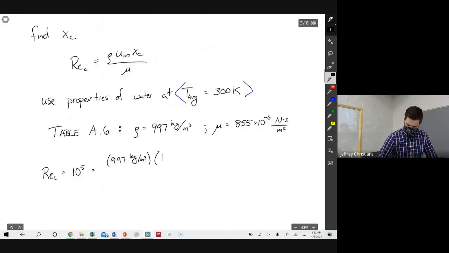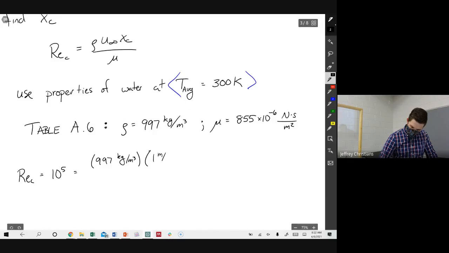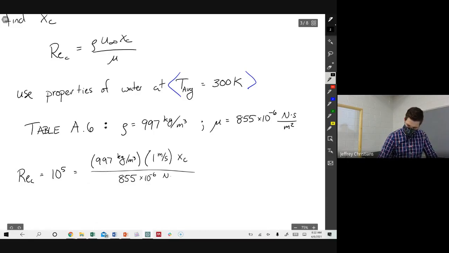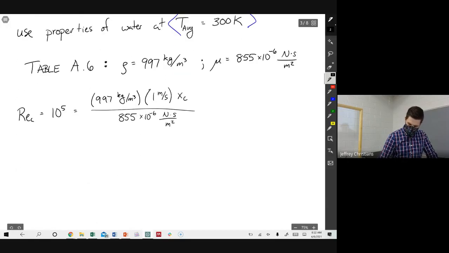Yeah, 1 meter per second, times x_c divided by 855 times 10 to the negative 6 Newton second per meter squared. This gives us a critical length of 0.43 meters.